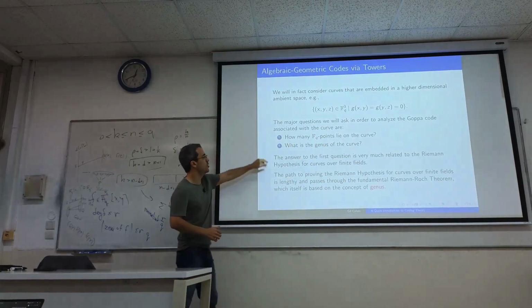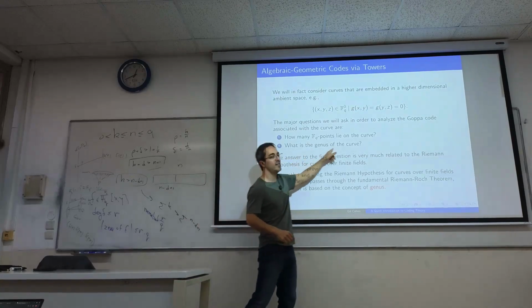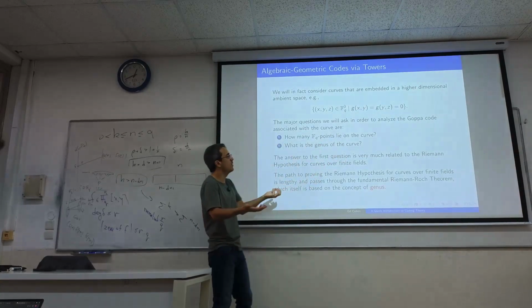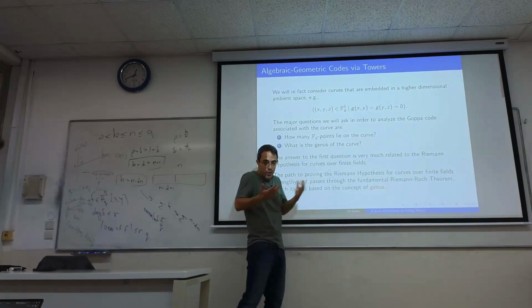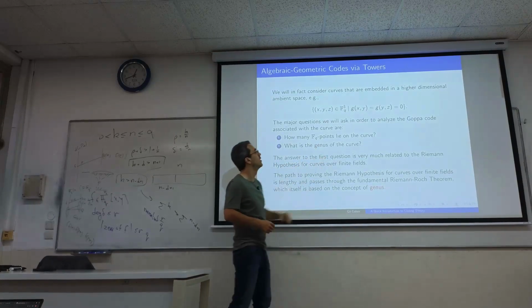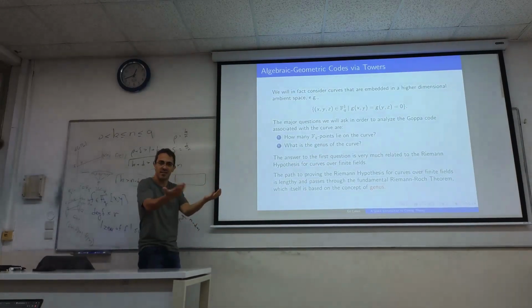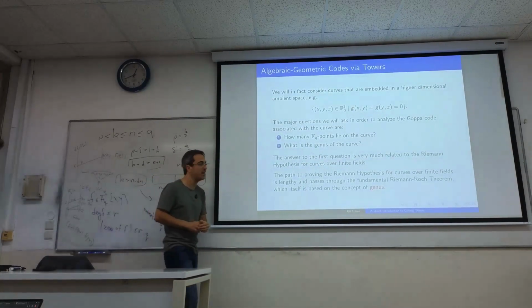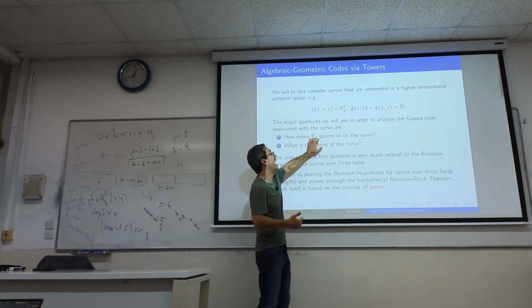The second question, which is not obvious from this description, is what is the genus of the curve? At this point, it's not clear what a genus is, and definitely not why I care about it. But it turns out that it is very much related to the rate of the code. Unlike Reed-Muller and Reed-Solomon, where the rate was obvious and the distance was non-trivial, here even n is non-trivial.